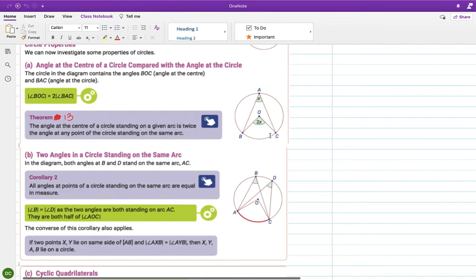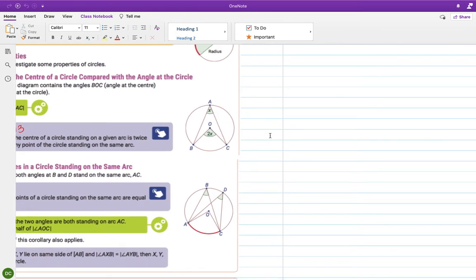Okay, so it sounds really complicated. It's really not. So here's your arc. Both of these, they're not triangles obviously, but both of these little angles originate from that arc. Okay, so can you see that when I draw that?